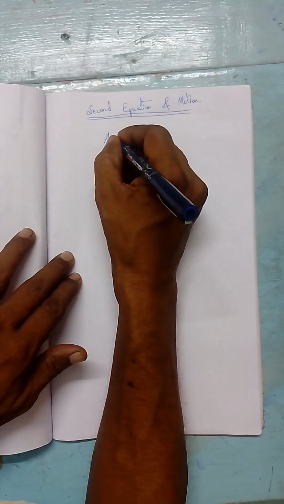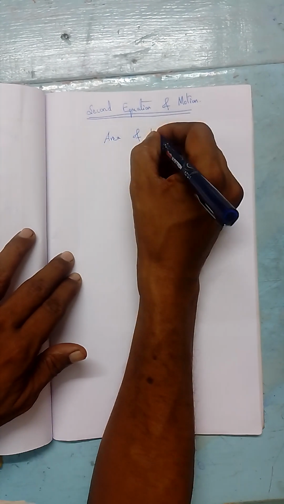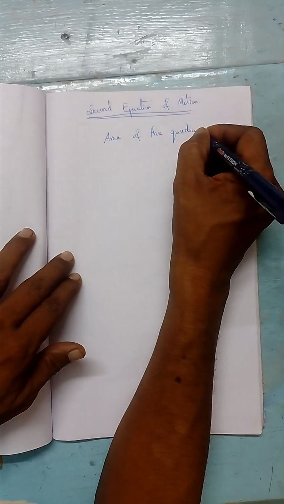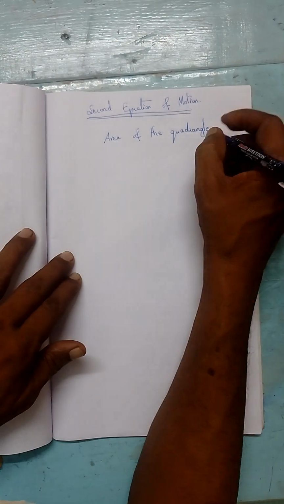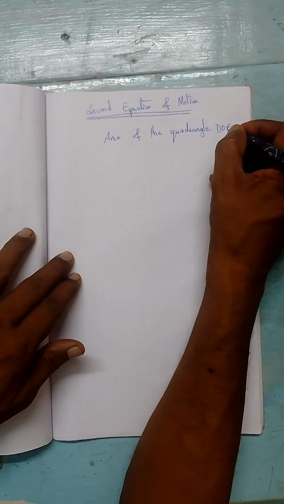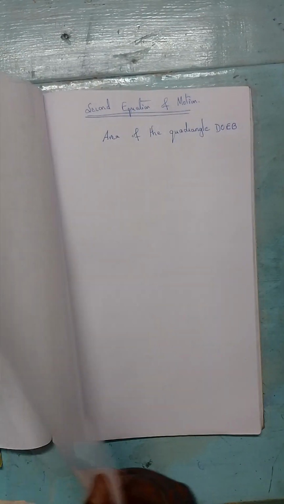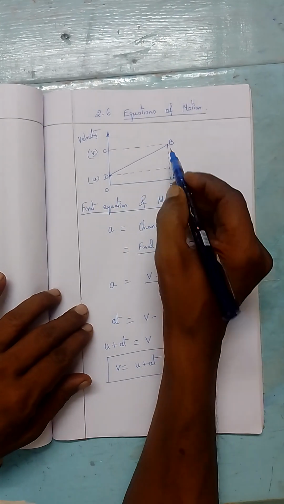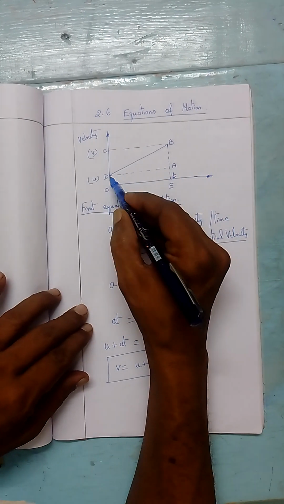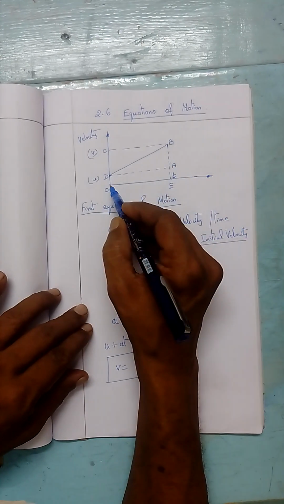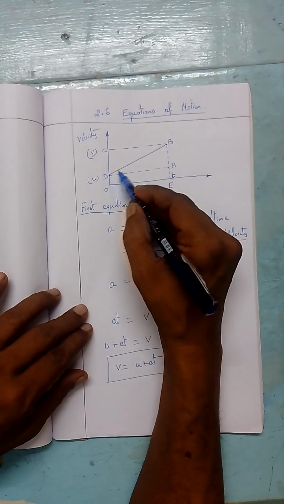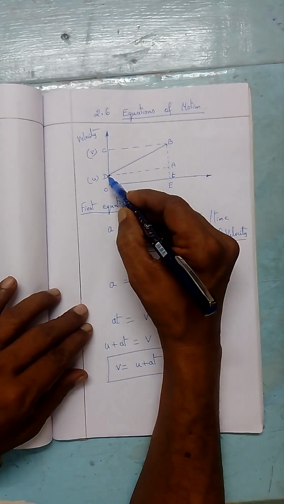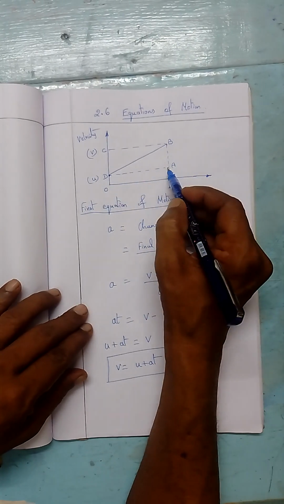So the area of the quadrangle DOEB. Now you can see a rectangle and then a triangle. The rectangle is ODAE, and the triangle is DBA.